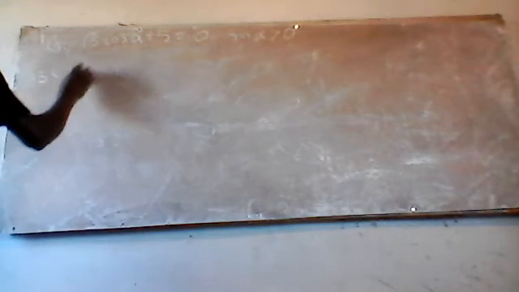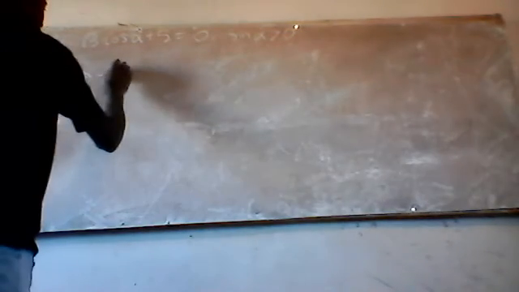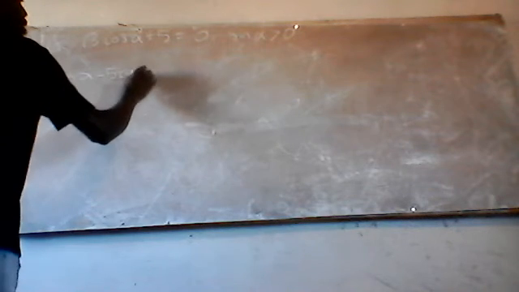They tell me that if 13 cos of alpha plus 5 is equal to 0, and my sine of alpha is greater than 0, they are telling me to find the value of 13 sine of alpha minus 5 tan of alpha.